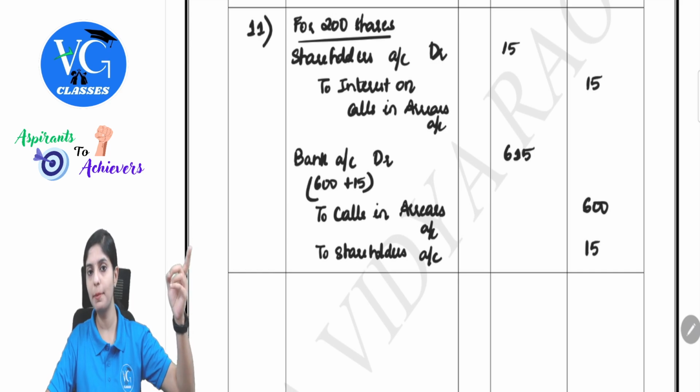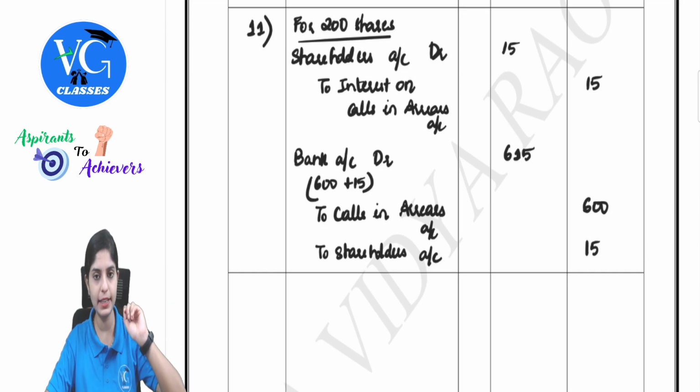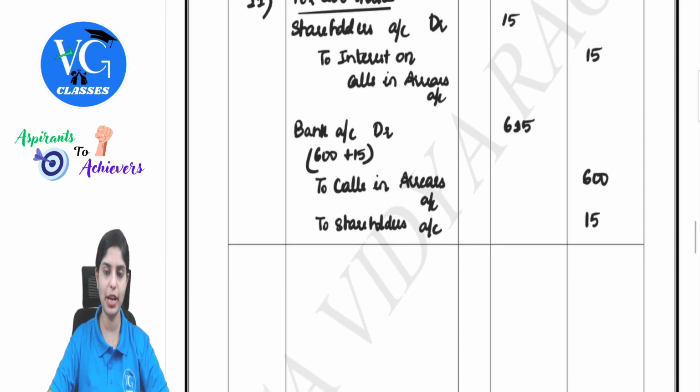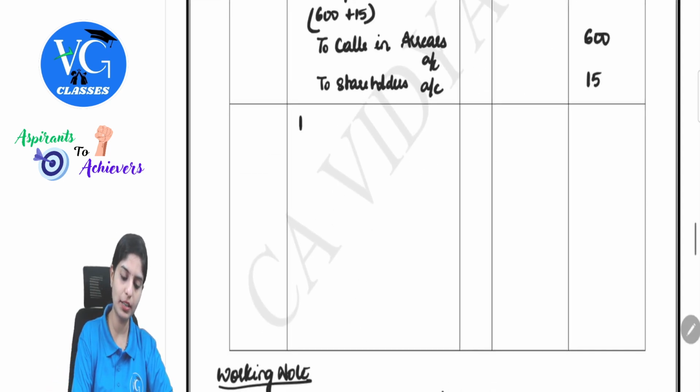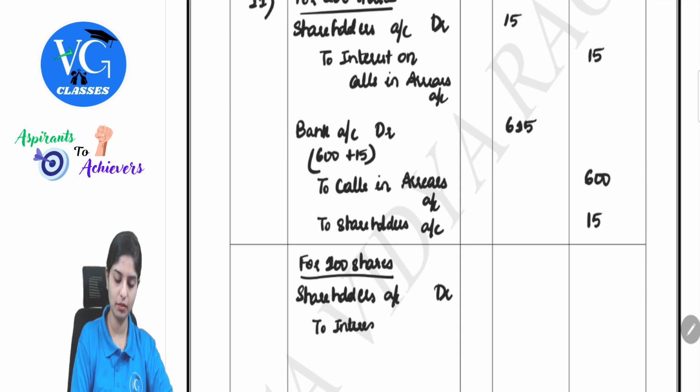Calls in arrears was debited, shown as a receivable. So we are receiving the money, so we are cancelling it. So credited here. The 15 which was due, I am collecting. So therefore credit to shareholders. Likewise for 100 shares. Shareholders account debit to interest on calls in arrears account.